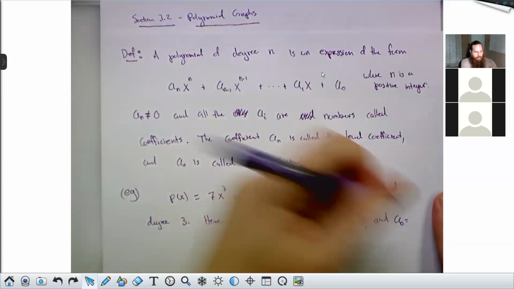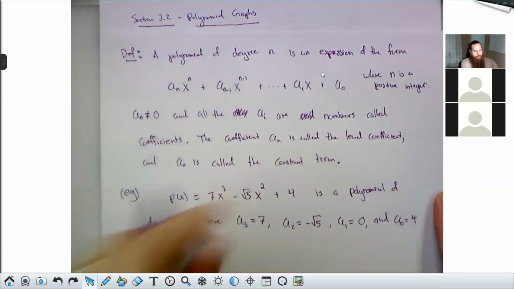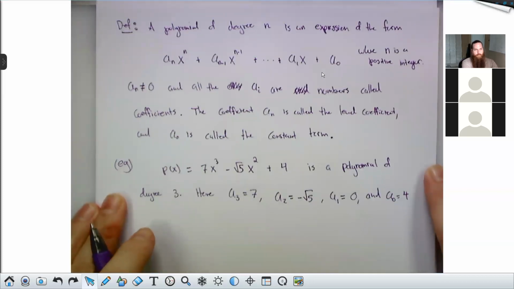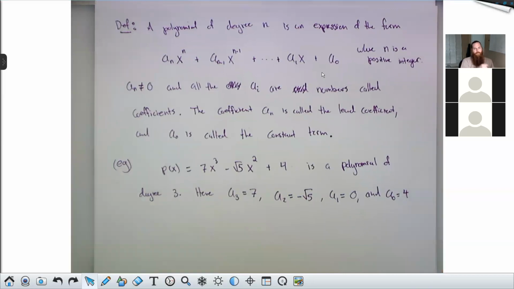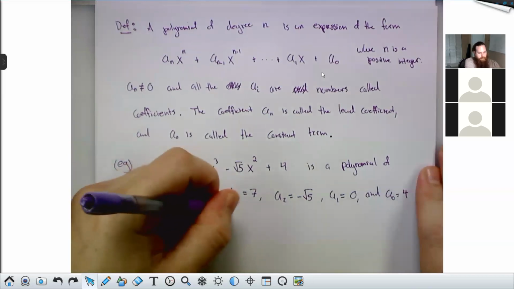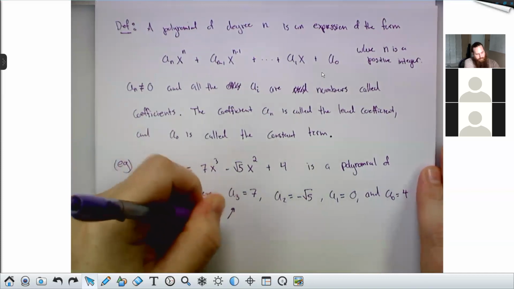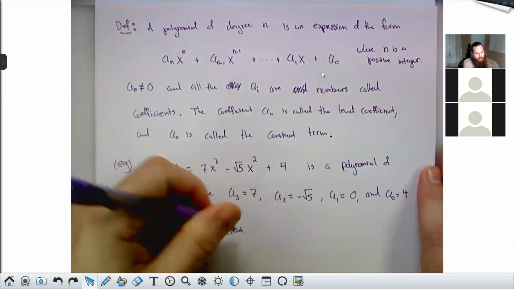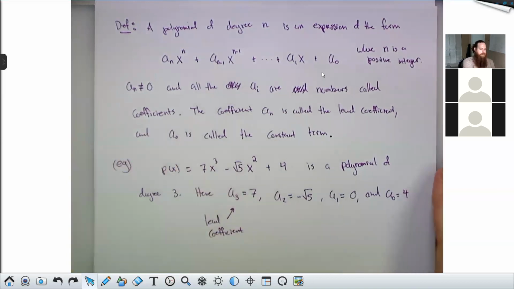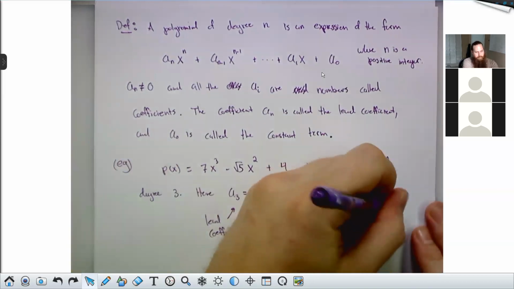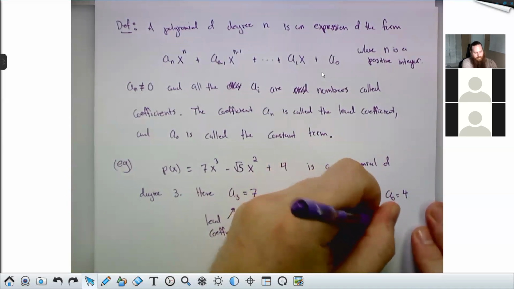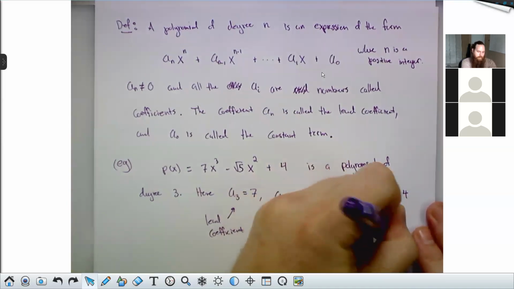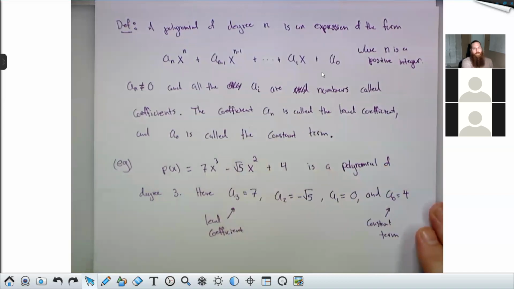And a0 is 4. So the lead coefficient here is 7, and the constant term here is 4.